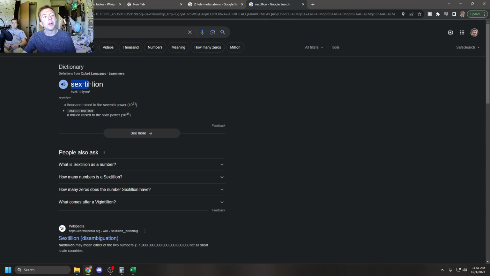I really wish we would use long notation, because it would make this so much easier. Back in the day, when they were making these numbers, sex meant 6. So 6 billion meant 6 million.